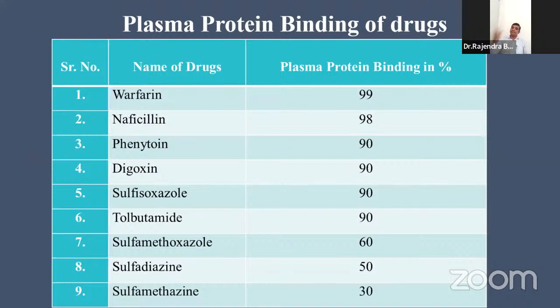That is the cillin series: nafcillin, then carbenicillin, then cloxacillin, oxacillin, dicloxacillin, flucloxacillin, etc. Phenytoin 90%, digitoxin, you just say that PDS, that is phenytoin, digitoxin, and sulfasalazine. Again, tolbutamide has a 90% protein binding, sulfadiazine 50%, sulfamethoxazole 30%. Next slide, please.